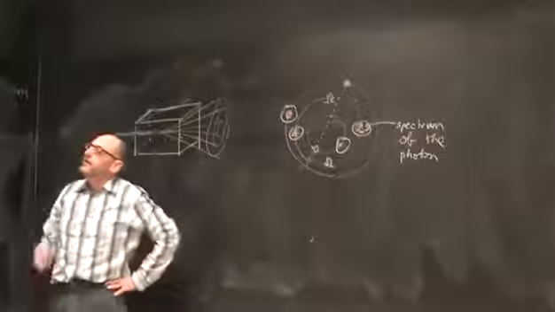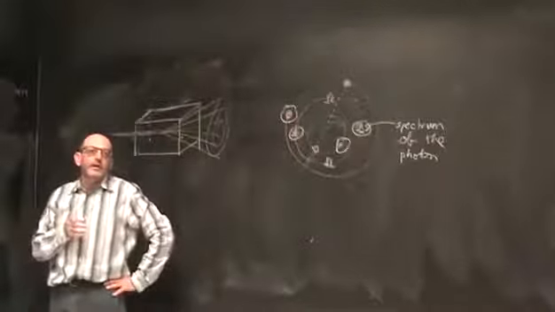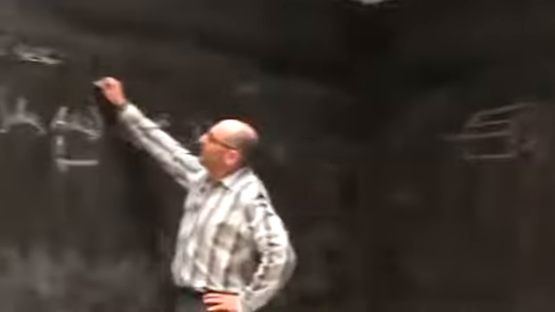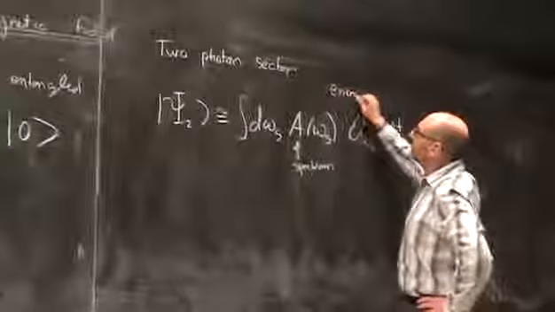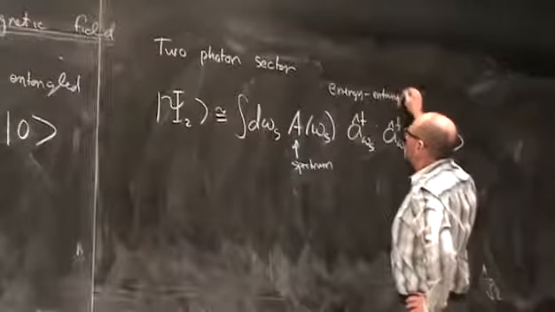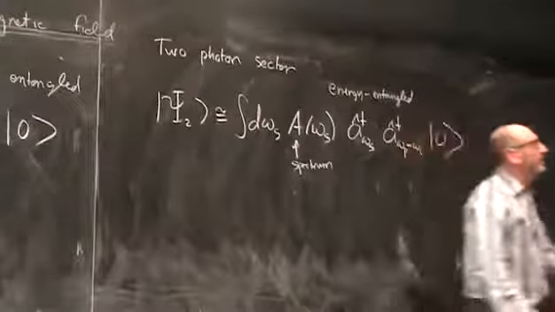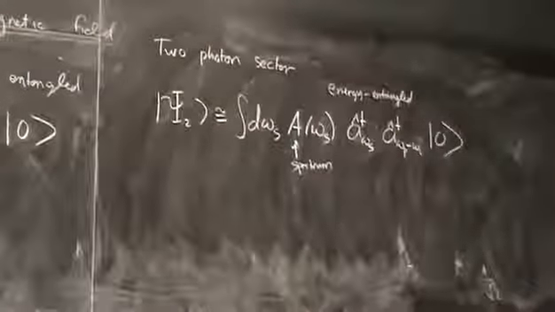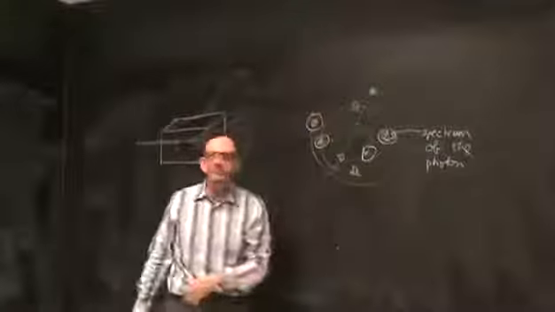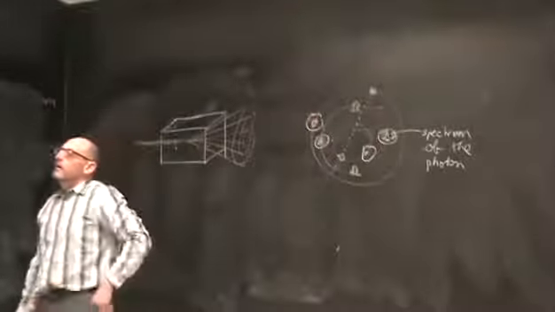So what does this kind of state look like? So this is an entangled state. Sometimes we call this energy entangled. This is jargon that people use in the field. Typically, they talk about momentum entangled when they're talking about the transverse direction rather than the longitudinal direction.